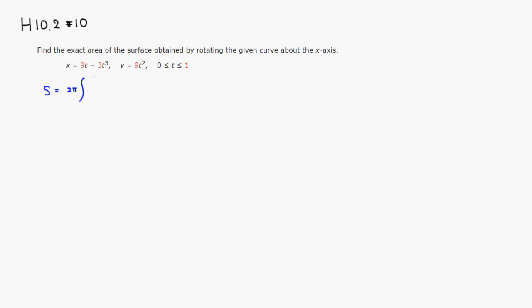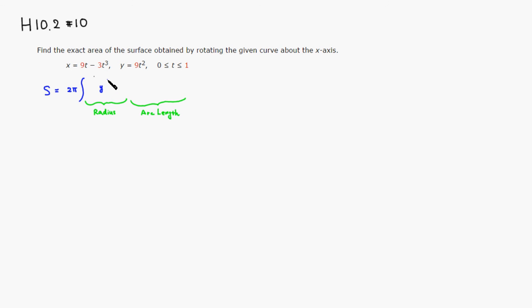Remember that you're going to have 2 pi, then radius, and then arc length. Since this is rotated about the x-axis, the radius is simply the y value, so this is going to be just y.